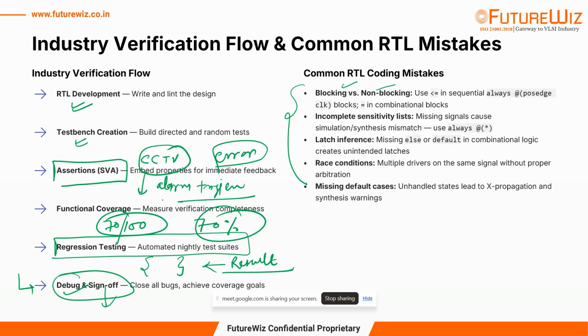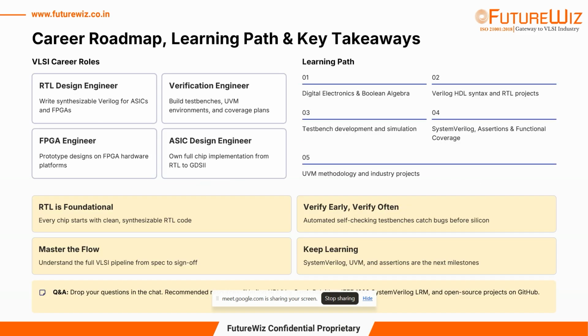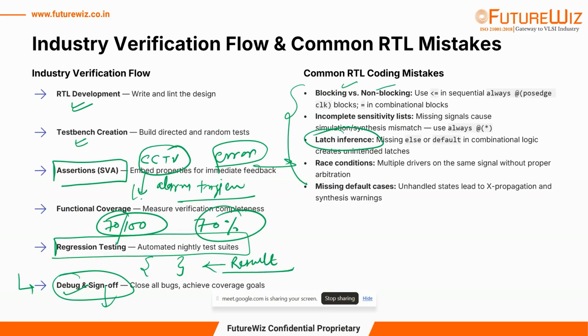Latch inferring: let's say I'm not giving the default statement in the case, so it will create the problem of latch inferring. Race conditions you should know, right? So these are some common mistakes engineers can make while writing RTL code, right?